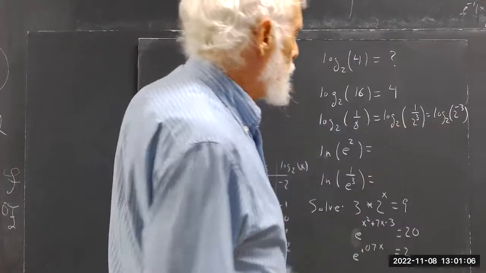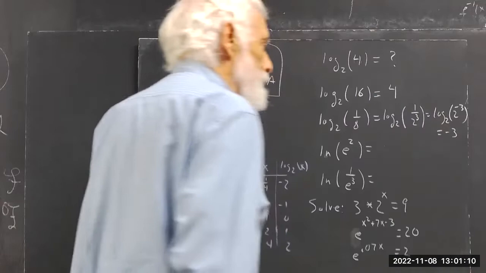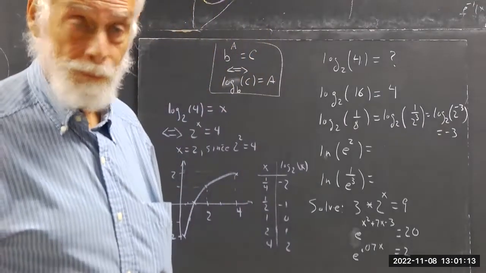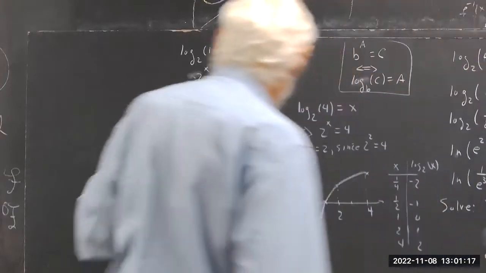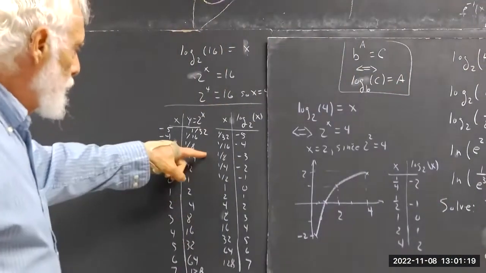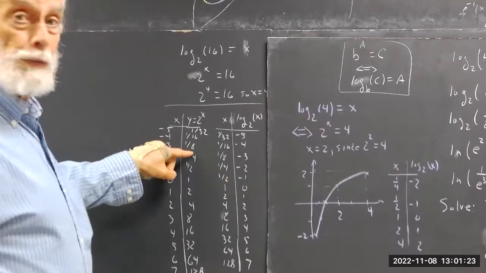That's log base 2 of 2 to the -3. That's -3. Totally related. The reason log base 2 of 1/8 is -3 is because 2 to the -3 is 1/8.